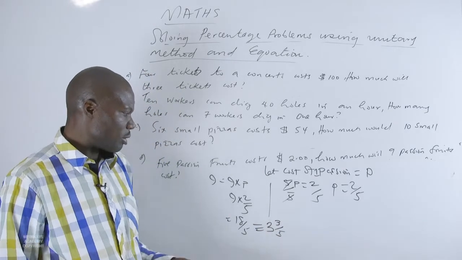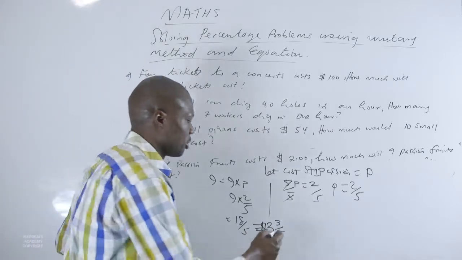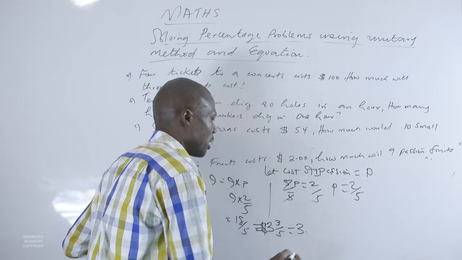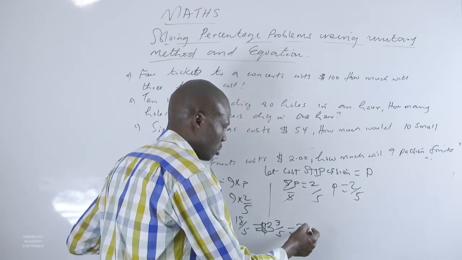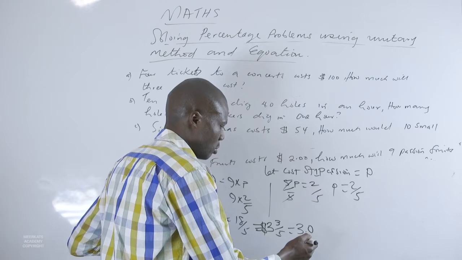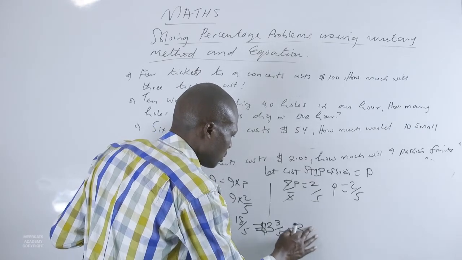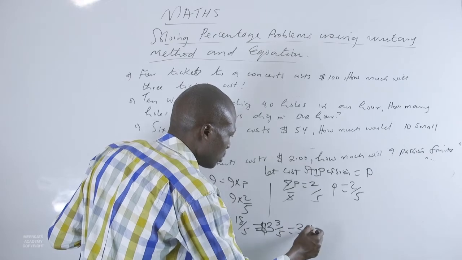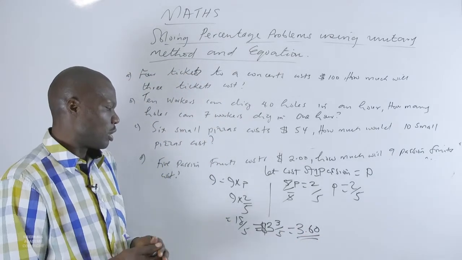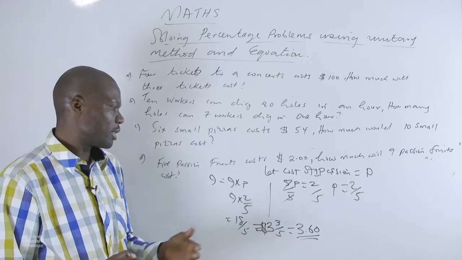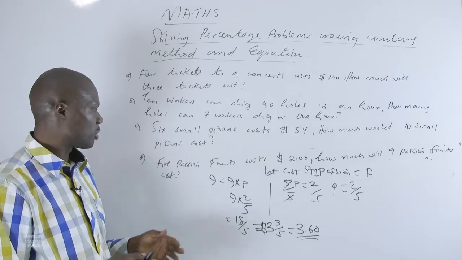We can convert this one because this is in dollars. 3 over 5 is equivalent to 3 and, we have 3.60, $3.60. $3.60. That is what we get as the cost of this.